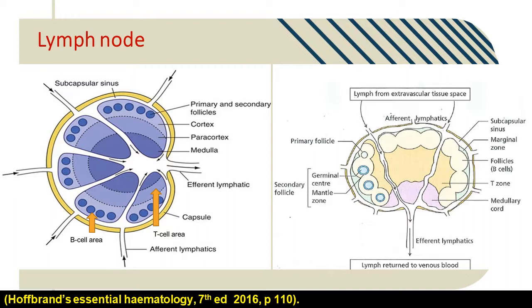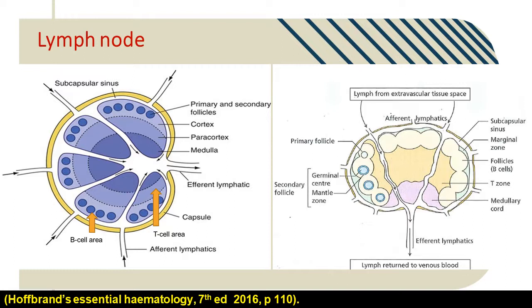The lymph node contains spherical or egg-shaped nodules of B lymphocytes which form lymphoid follicles, either primary or secondary. If these virgin B lymphocytes are unexposed to antigen, they compose homogeneous primary follicles.